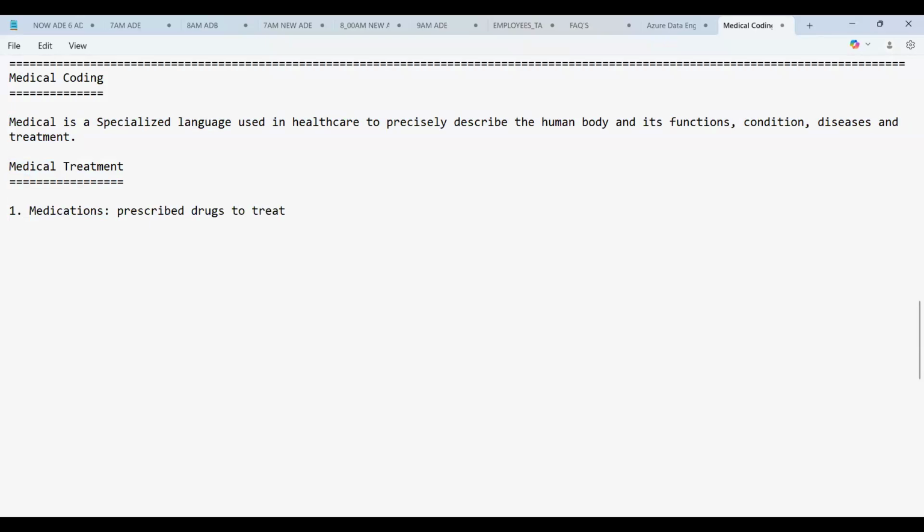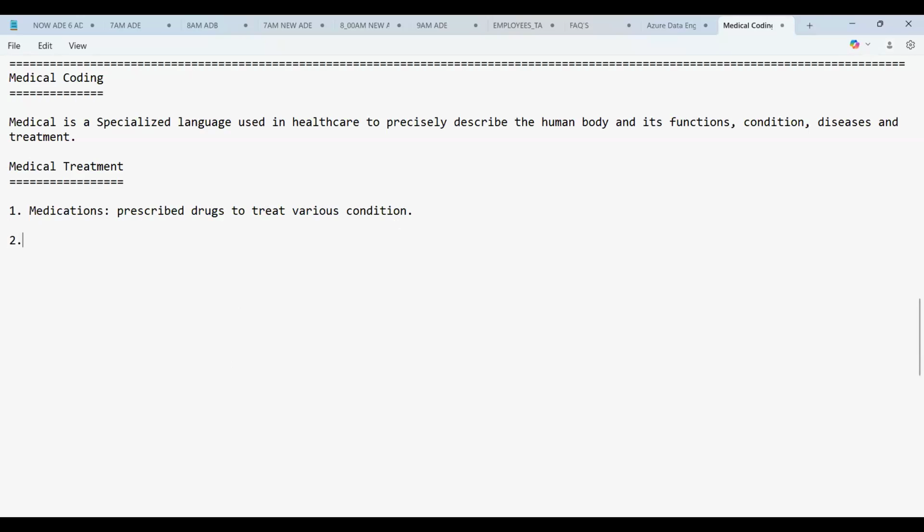Prescribed drugs to treat various health conditions. The following are the types of medical treatment. The first one is medication: prescribed drugs to treat various conditions.